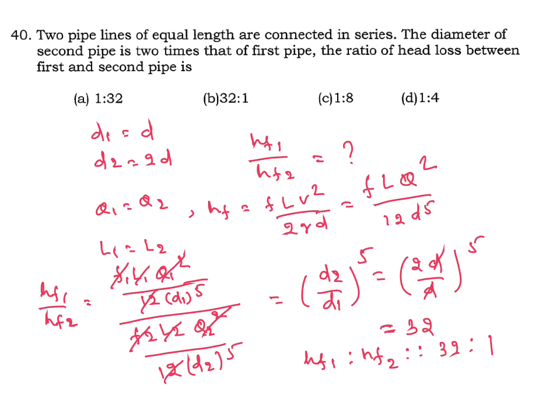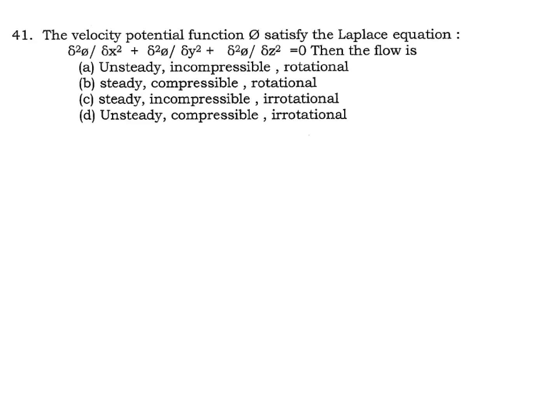The velocity potential function phi satisfies the Laplace equation given, then the flow is how much? We know this one also already discussed. Phi exists means flow is irrotational.